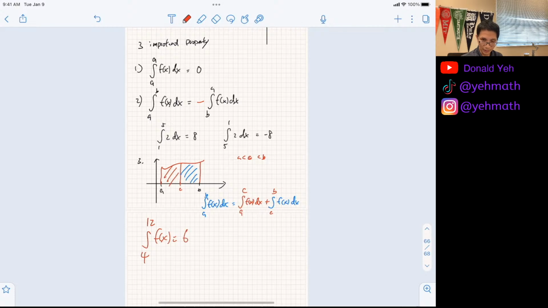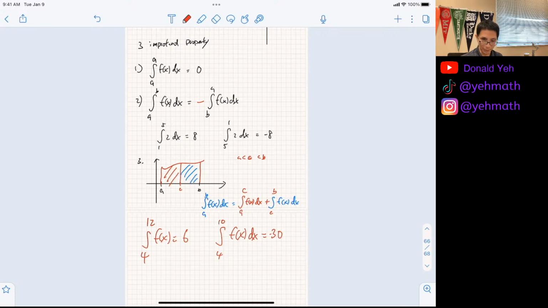Okay, we're going to say the integral from 4 to 10 of f of x dx is equal to negative 30.